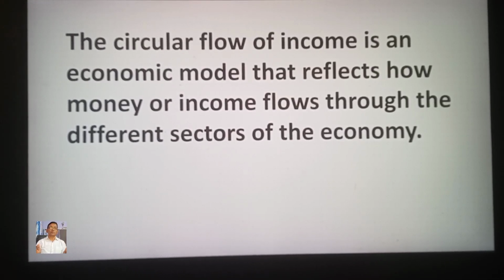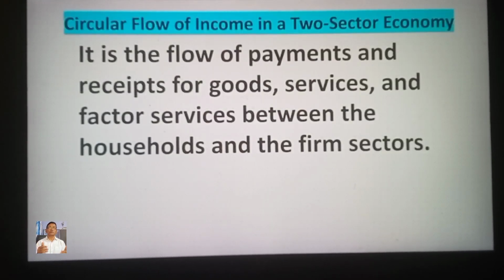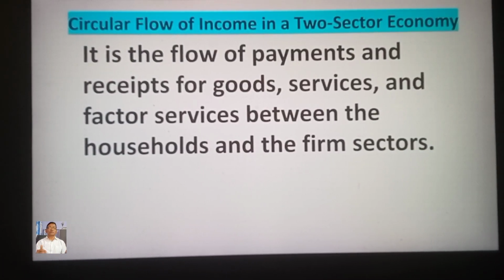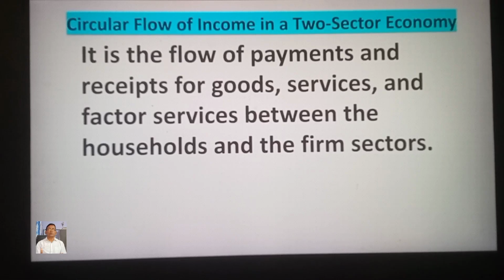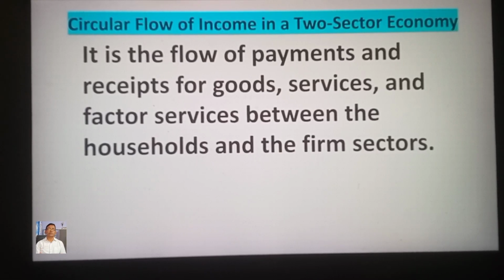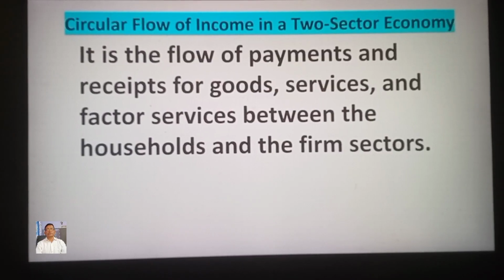Let us discuss circular flow of income in a two-sector economy. It is the flow of payments and receipts for goods, services and factor services between the households and the firm sectors.